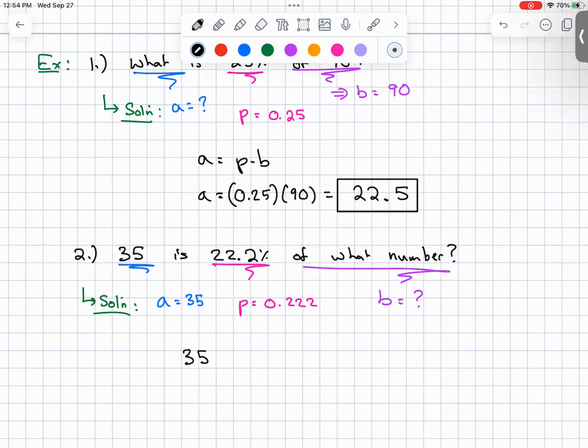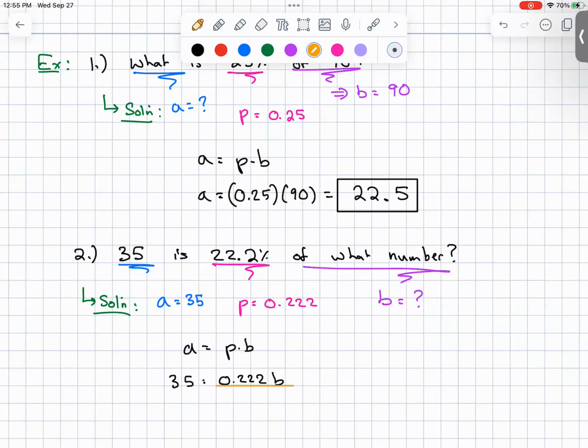Let me rewrite it. A is equal to P times B. So 35 is equal to 0.222B. And that's an equation that we need to solve for our unknown, our B value. We're taking B and multiplying it by 0.222, which means we need to divide to undo that.